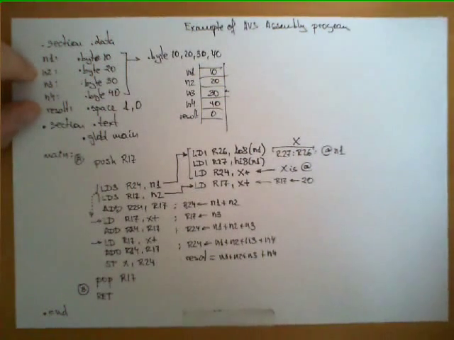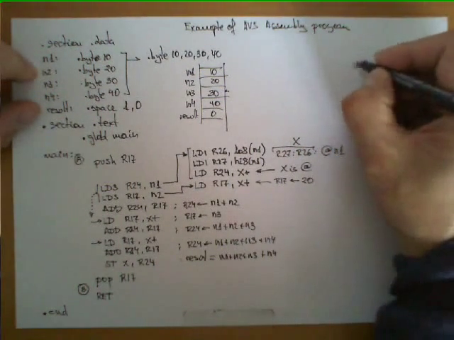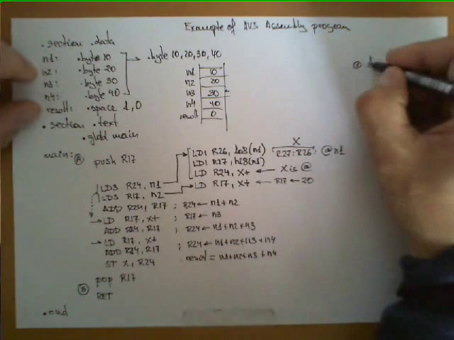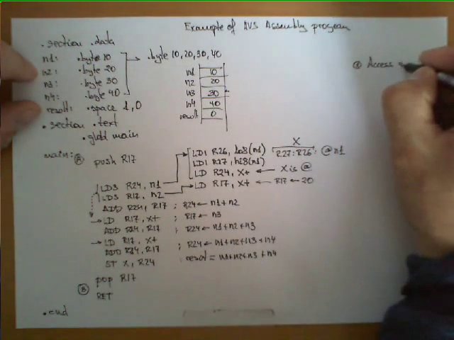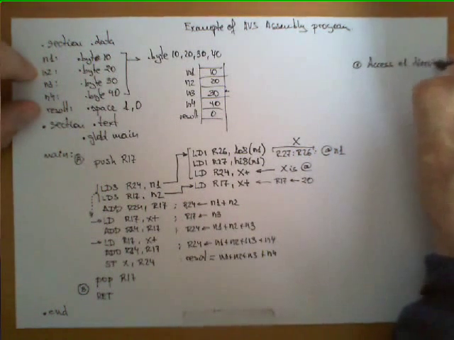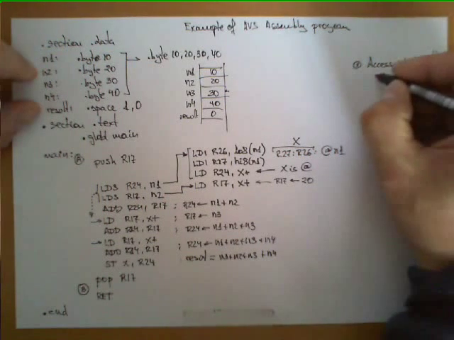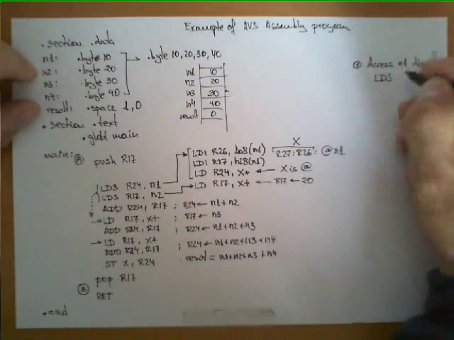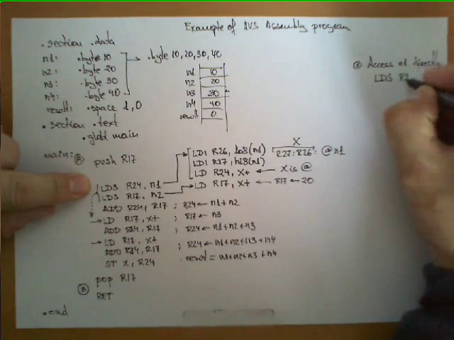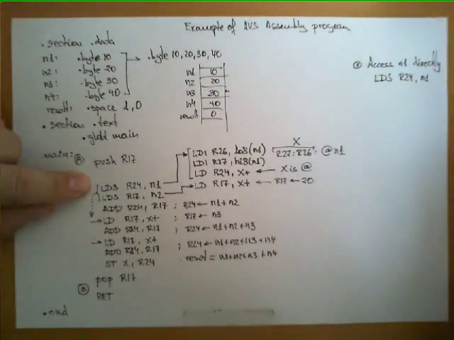Now let's summarize 6 points that are very important in this program. First, I can access N1 directly with the instruction LDS. Remember, LDS R24, N1.